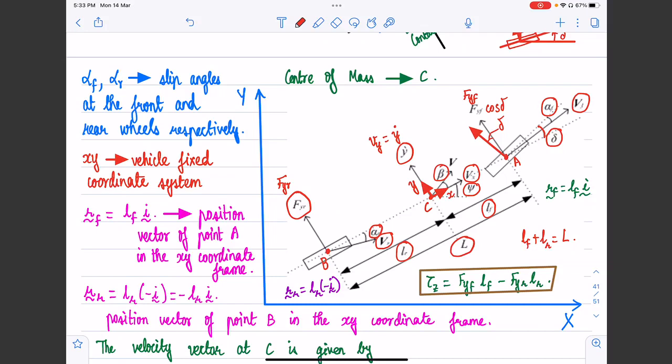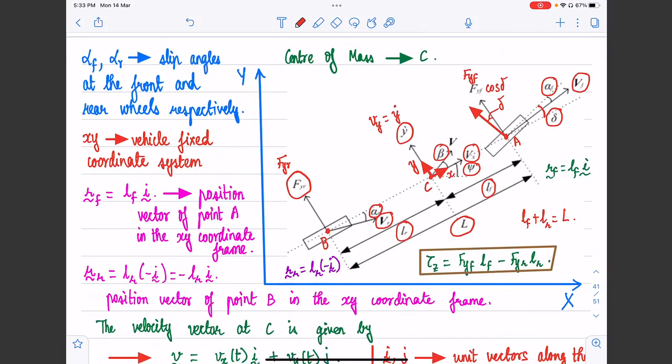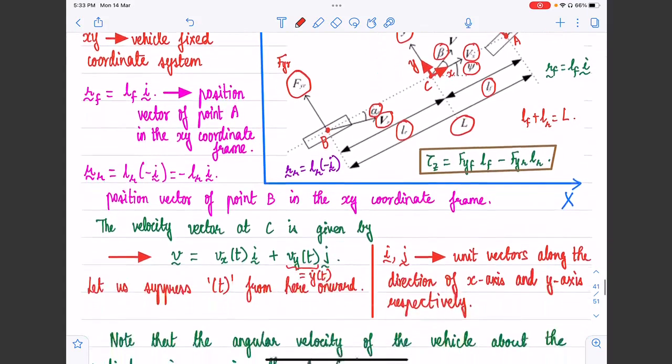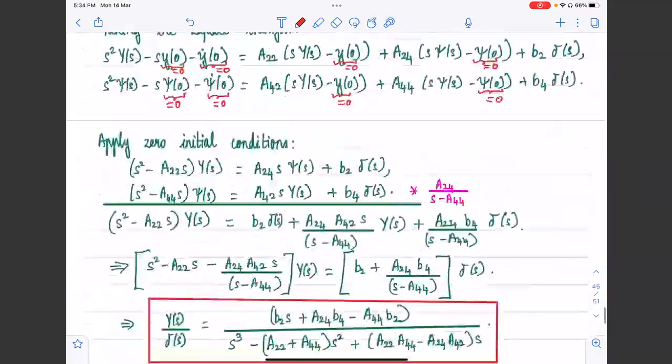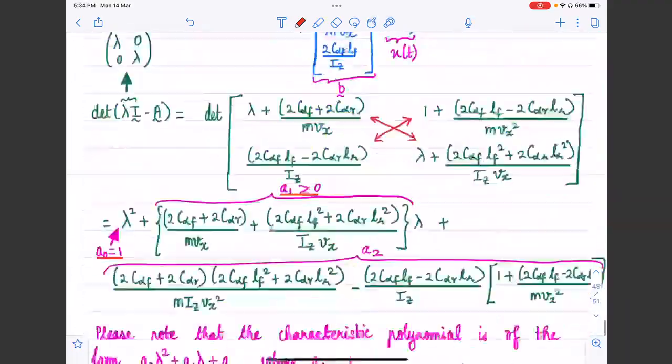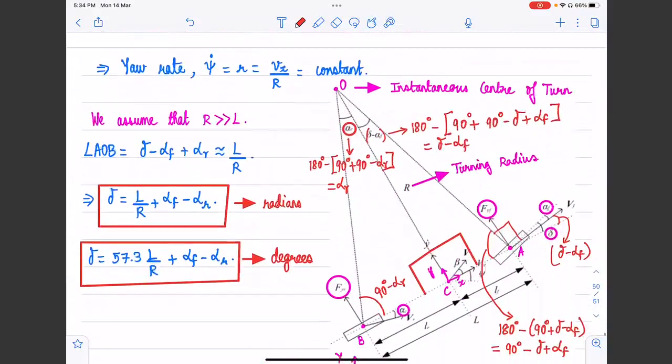We should know when to utilize these models and, more importantly, when not to use them. Tomorrow, if someone gives me a problem of analyzing a low ROC turn, I would be very careful before using this model. I would draw a new free body diagram and derive the equations once again.